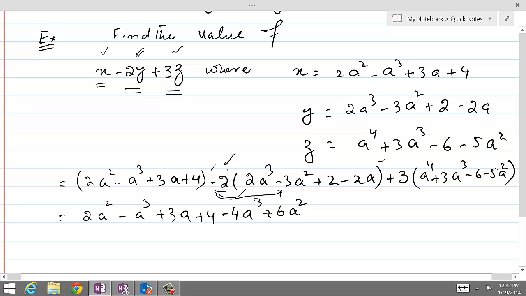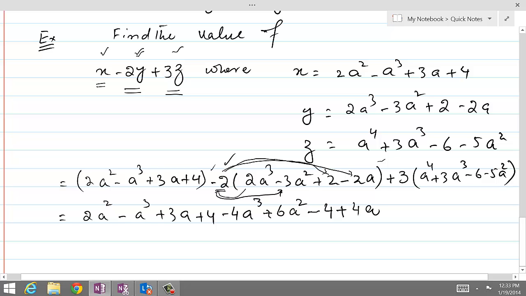And similarly, minus 2 times 2: sign with sign, number with number. Negative times positive will become minus, and 2 times 2 will become 4. And again, minus 2 will multiply with this: negative times negative will become plus, and 2 times 2 will become 4, and a.